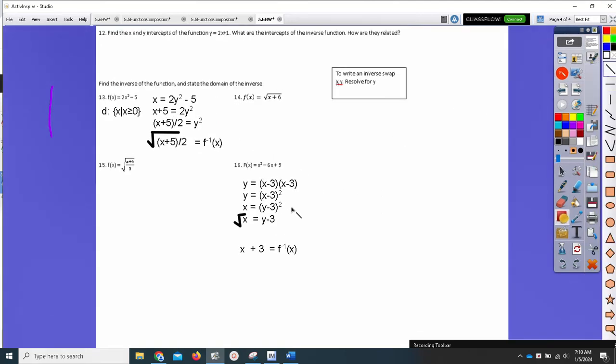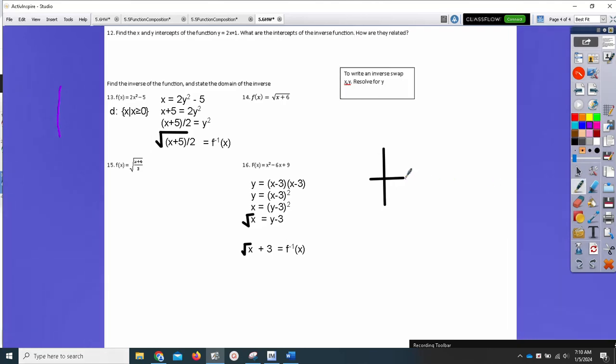You talk about her domain. Her domain, or his, or they, or their, or whatever it is, this inverse's domain is inherited from here. Whenever I factored this as x minus 3 times x minus 3, I actually learned what it looks like. It simply goes right 3, because remember vertex form?